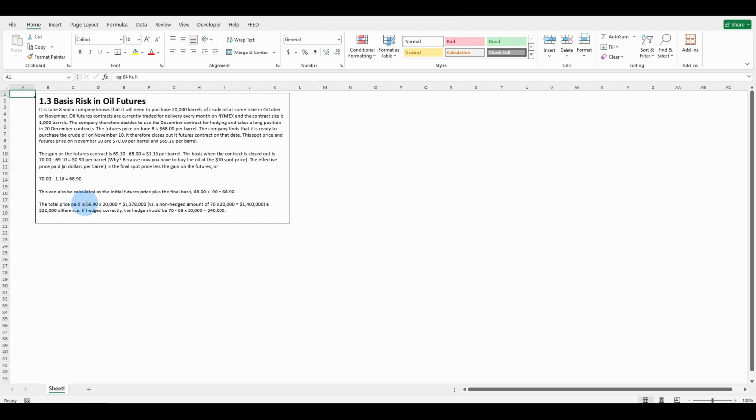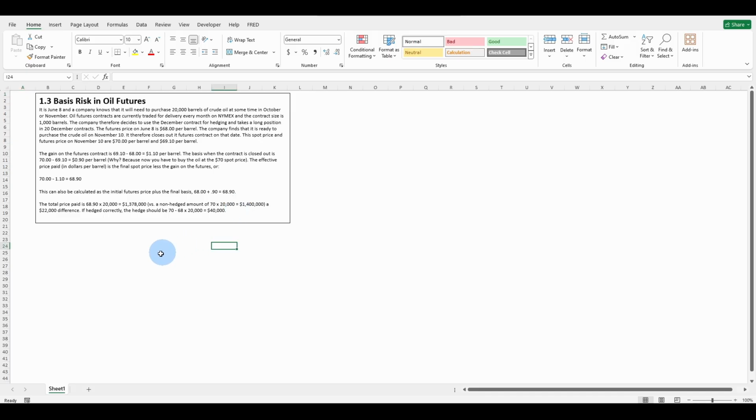Total price paid is 68.90 times 20,000 equals 1.378 million, versus a non-hedged amount of 70 times 20,000 equals 1.4 million. A $22,000 difference. If hedged correctly, the hedge should be 70 minus 68 times 20,000 equals $40,000.